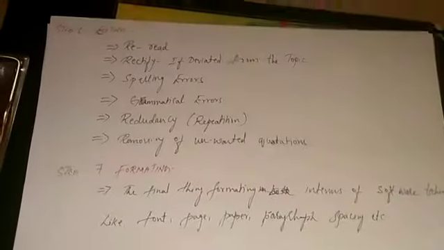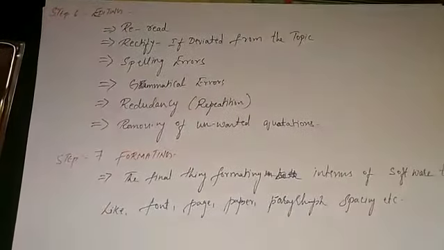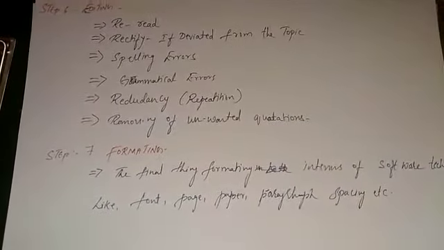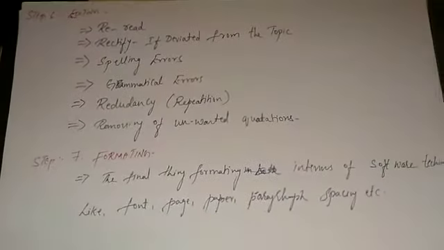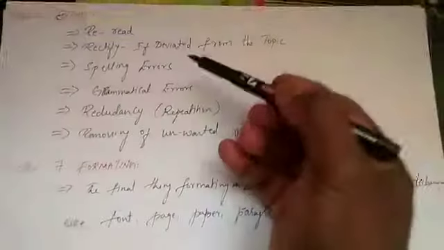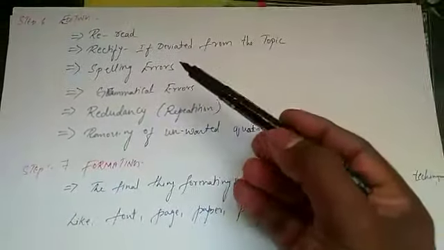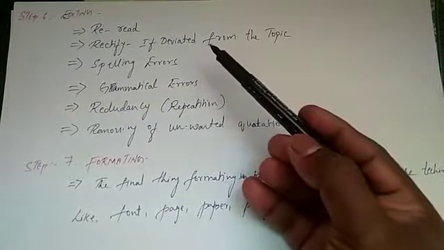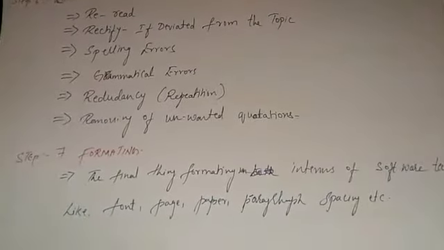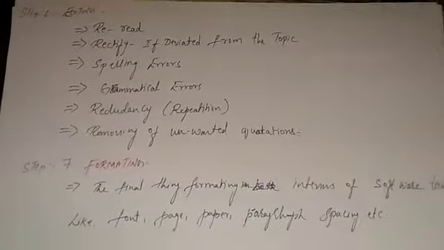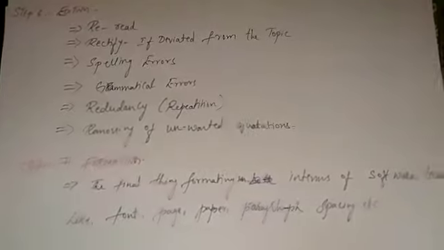This step 5, editing. After writing, after putting forth all your ideas, when you conclude one writing, you have to reread and rectify if you have deviated from the topic. Your topic is something but you have written something else; that time in editing you have to rectify all those mistakes.